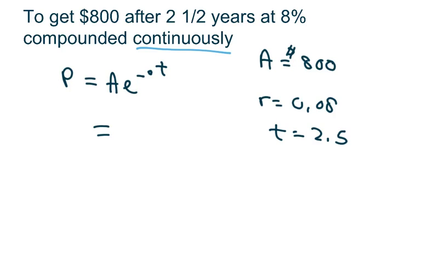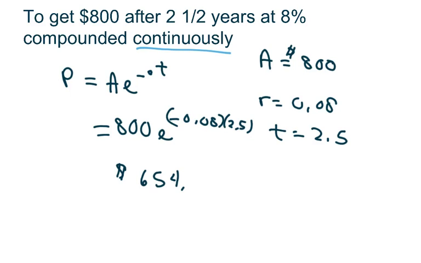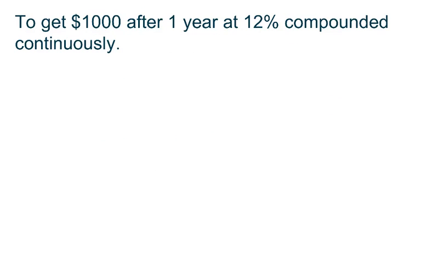So we're going to get 800 times e to the negative 0.08 times 2.5, which gives you 654.98, I believe.